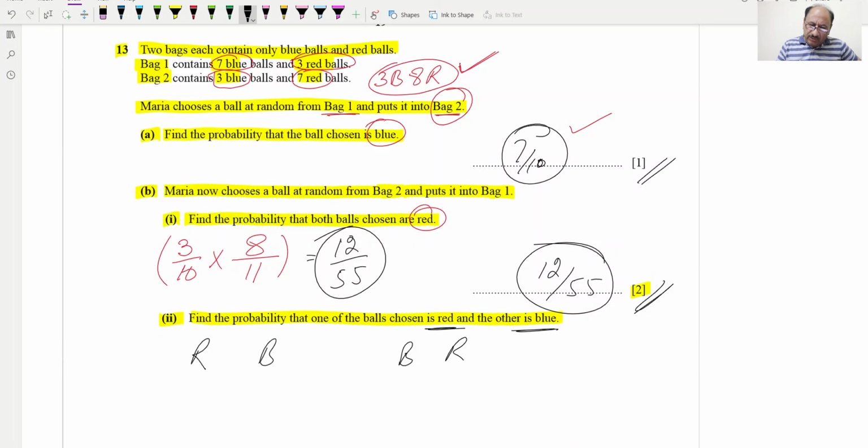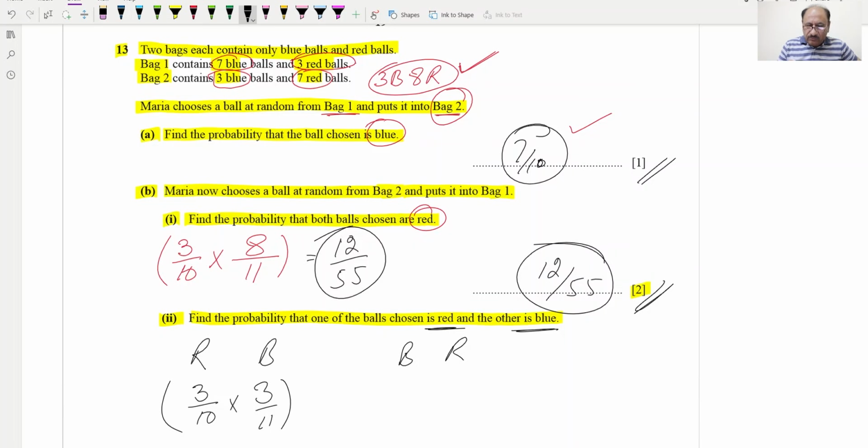So this will be 3 by 10 for red, and for blue it will be 3 by 10, because in the first bag there are 3 red balls and in the second bag there are 3 blue balls. In both cases the denominator will be 11 because we have shifted one ball to the second bag.